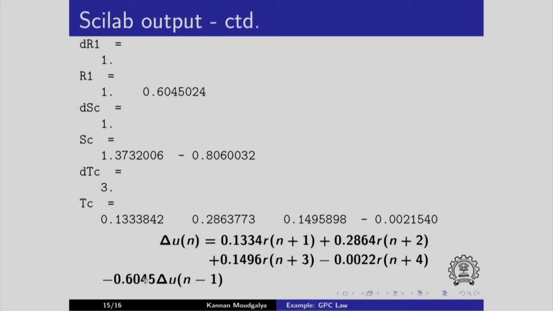So if I take this to the left hand side, then it will become 1 plus 0.6045 Z inverse into delta U. So that is the term given by R here. So I have this, and then these two correspond to the SC terms that multiply plant output Y. So the Scilab calculations are in agreement with what we predicted.